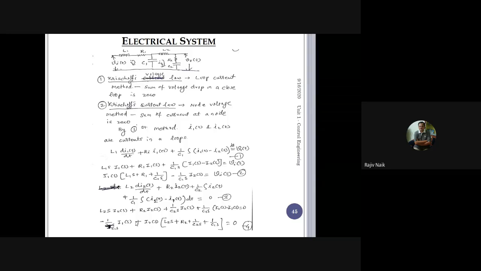And I2(S), if you take common, then it is L2 S plus R2 plus 1 upon C2 S plus 1 upon C1 S, equal to 0. This is equation number 4. So we have equation number 2 for the first loop and equation number 4 for the second loop after taking a Laplace transform.